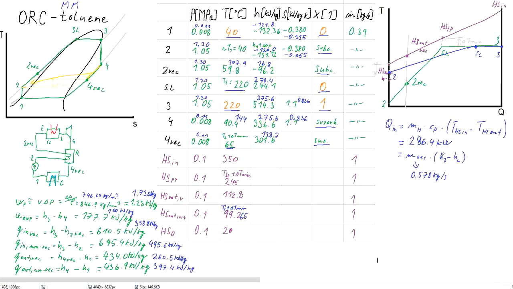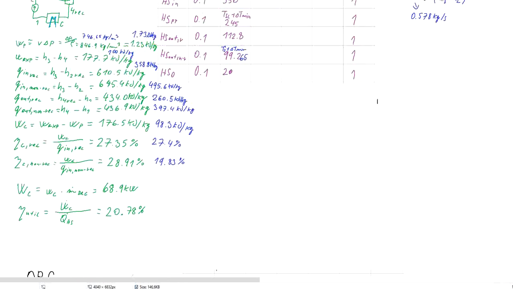If we follow the previous assumption that the pinch point would be the same as for the blue cycle over here, we would get the mass flow rate of the ORC working fluid more than 1 kilogram per second, but it's not physically possible because we cannot cool down the heat source that far. So here we have the mass flow rate of the ORC working fluid.